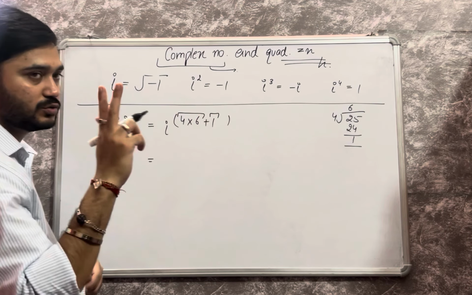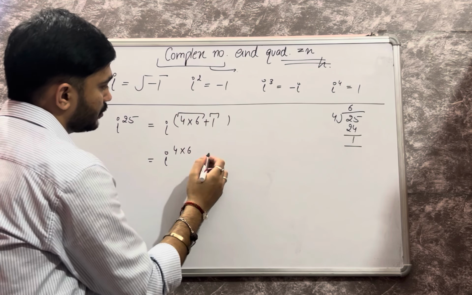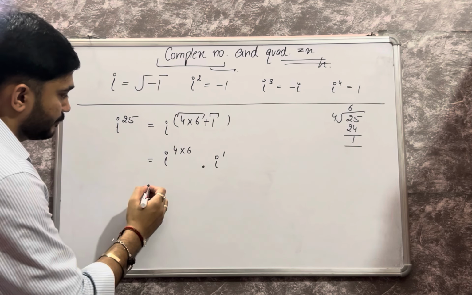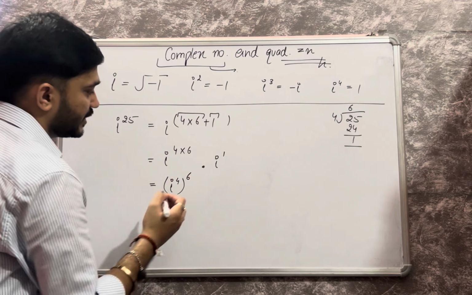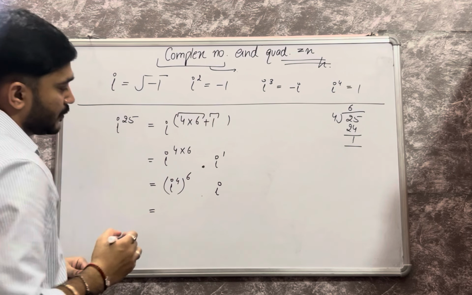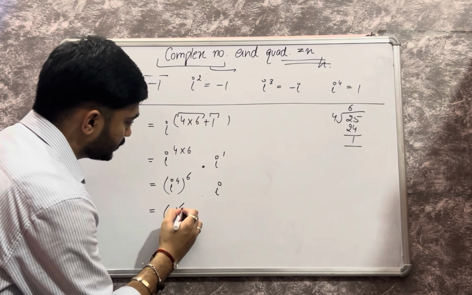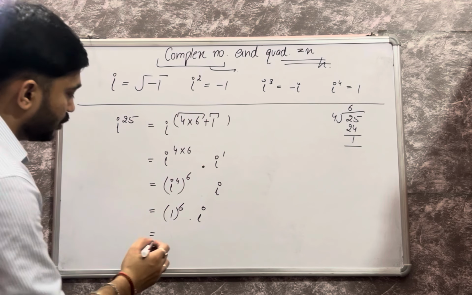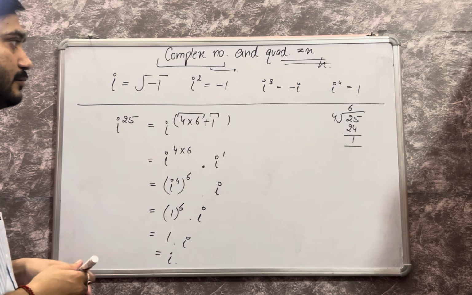Take these as two separate numbers: iota 4 multiplied by 6 into iota raised to power 1. Write it as iota 4 and 6 outside the bracket, into the value of iota, which is iota. The value of iota raised to power 4 is 1, 1 raised to power 6. 1 raised to power anything is always 1, multiplied by iota, so we get the answer iota here.